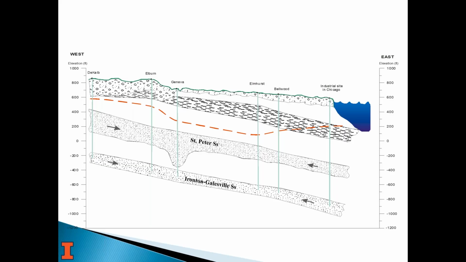So even though this is sloped from left to right, the arrows indicate the flow direction of the water in those two units. And that's because of pumpage in the middle. So because of the pumpage of Geneva and Elmhurst and Bellwood, water's actually flowing from beneath Lake Michigan in those sandstones to the west.